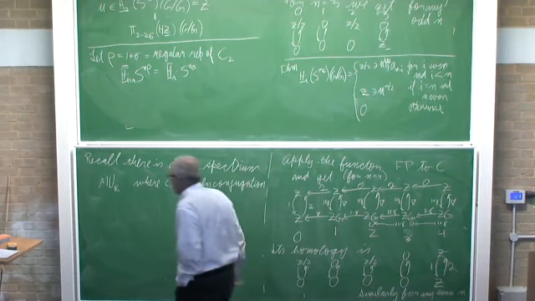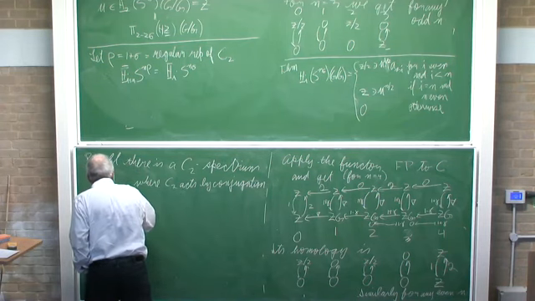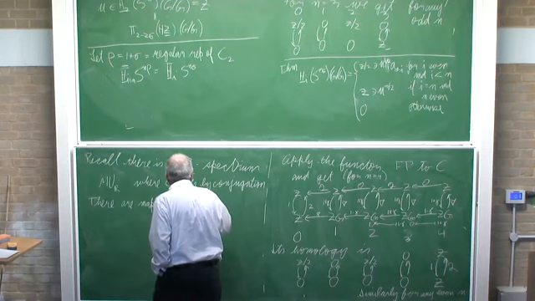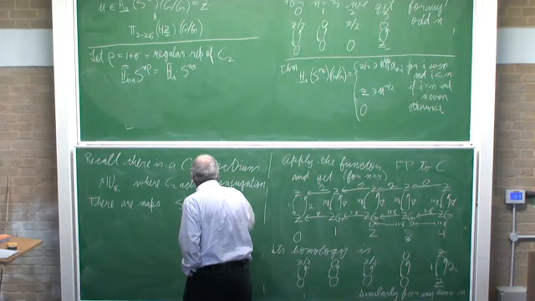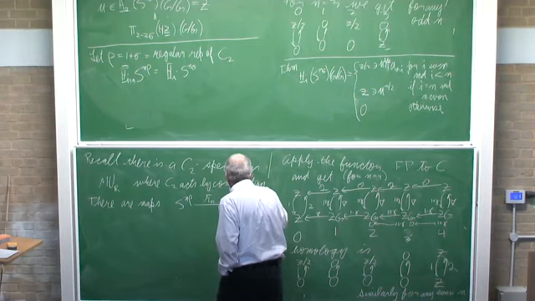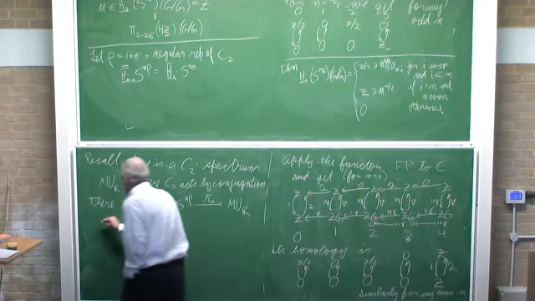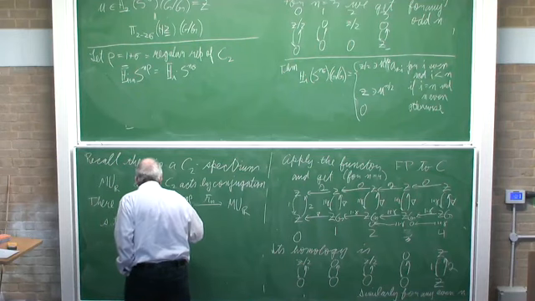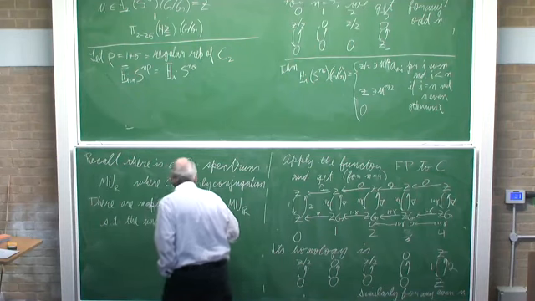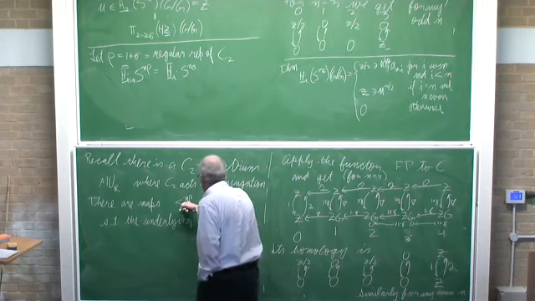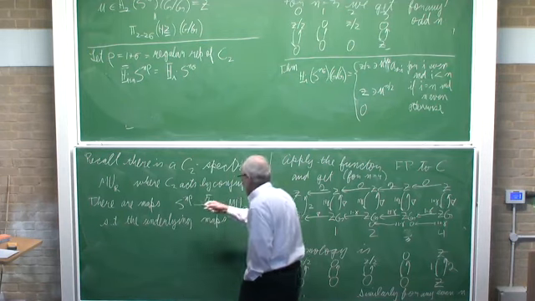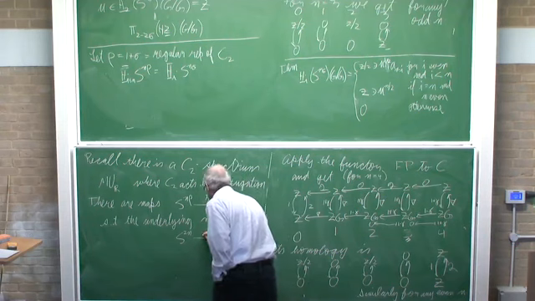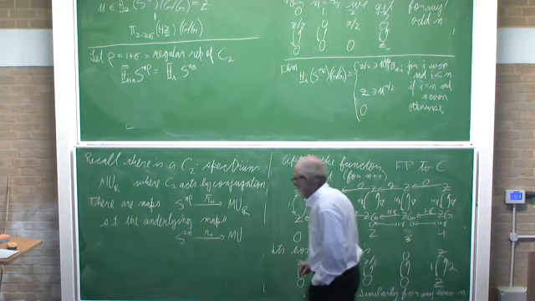Now, there are maps S^n rho, I'm going to call them r_n bar, into MU bar, such that the underlying map, if I ignore the group action, would be from S^2n to MU, and I will call the underlying map r_n without the bar.